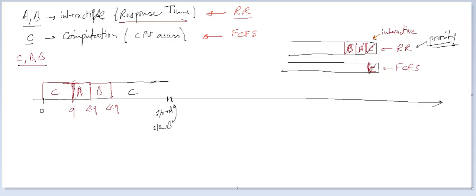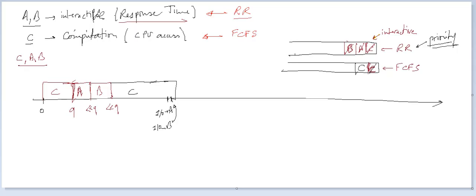Let's see the response time, what the scheduler has to do. For this to work, the scheduler has to stop C right away. So it stops C, and since C has run for a long time, it knows that it's a non-interactive process, so it pushes it back on the second queue.